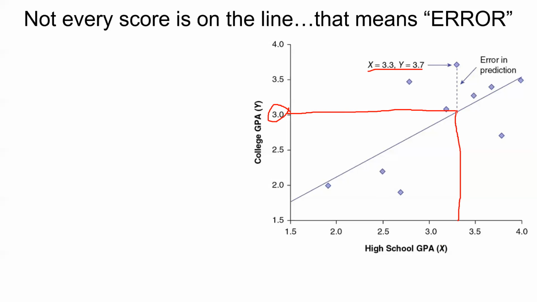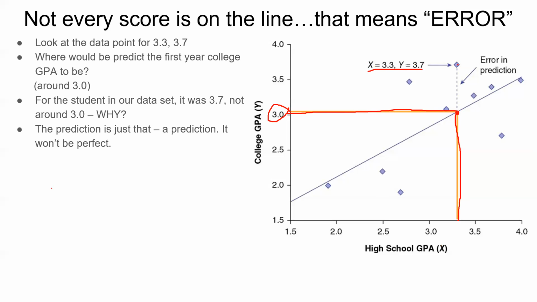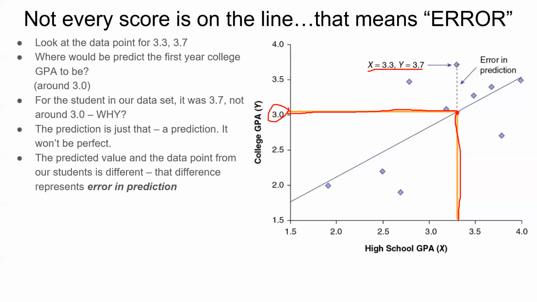So the difference between this point on the regression line and this actual data point is called the error in prediction. We can make a prediction based on our regression line. Our regression line is the best fit, but there are going to be variations, errors in that prediction. So the distance between our data point and our line is called an error in prediction.